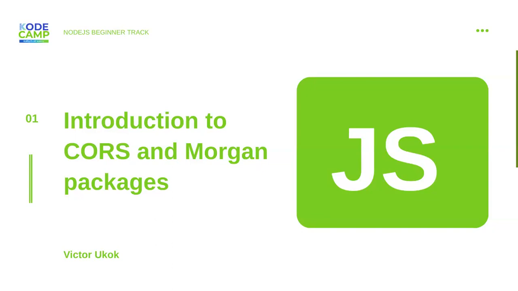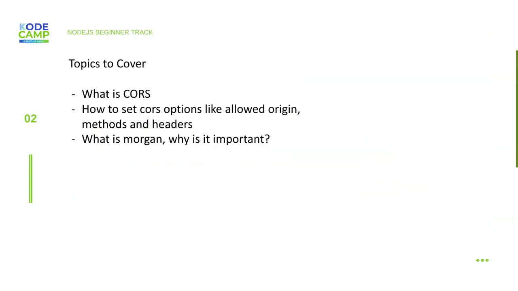So I've explained what CORS is, the full meaning of CORS, cross-origin resource sharing. Then we will see how to set CORS options, like the origin we can accept requests from, the methods that we might want to accept, and the headers. Sometimes you might not need to set all these things. You might just need to set only the allowed origin.